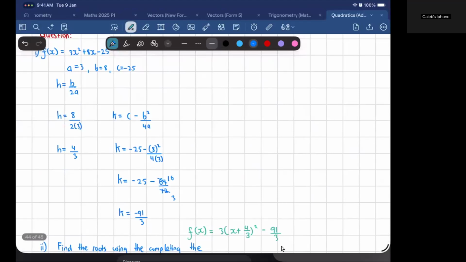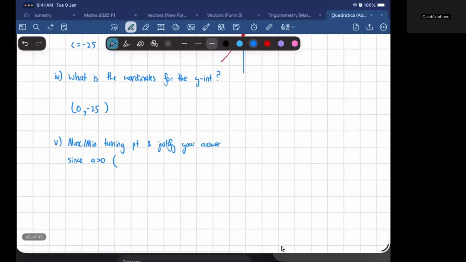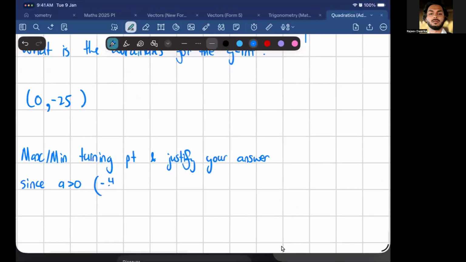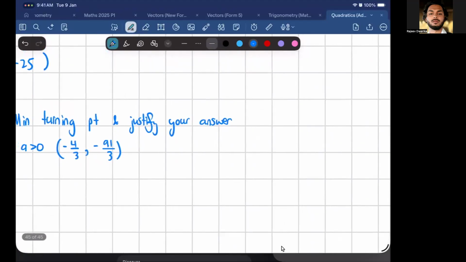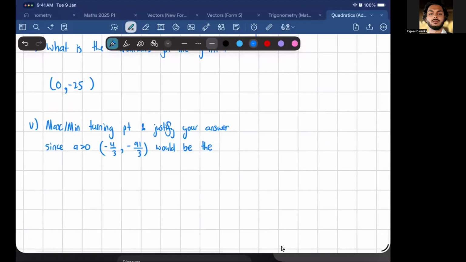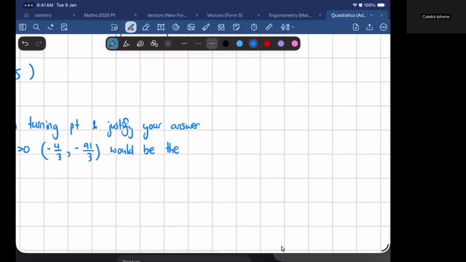It would be minus 4 over 3, comma, minus 91 over 3. So you would say, since a is more than 0, minus 4 over 3, minus 91 over 3 would be the what? See if you can finish the sentence, Caleb. Minimum turning point. Perfect.